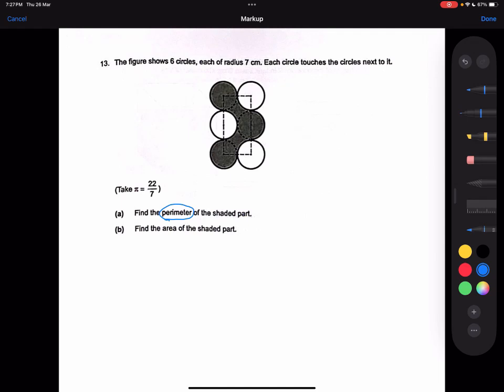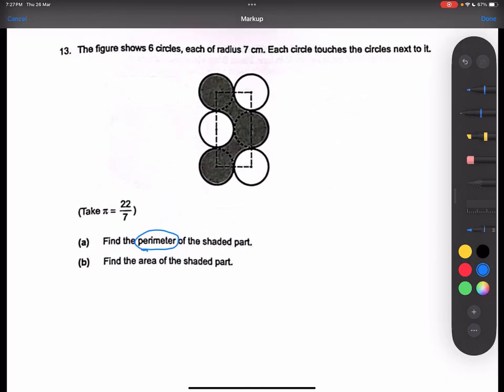Okay, now let's do this. Perimeter of the shaded part. Let's divide each circle into 4 parts.